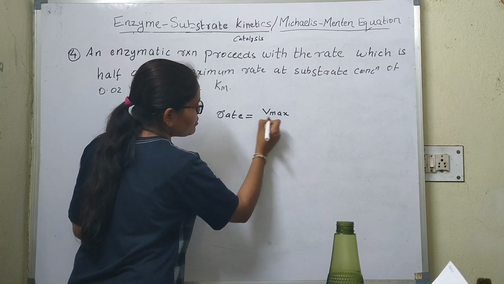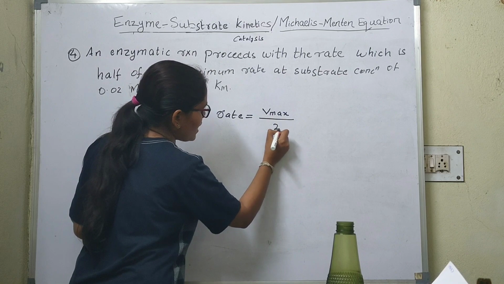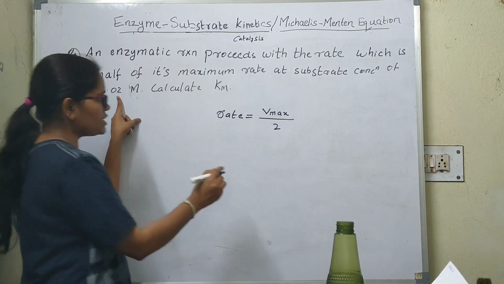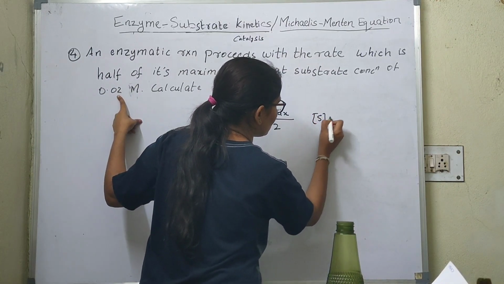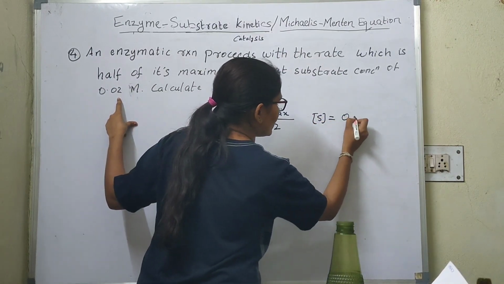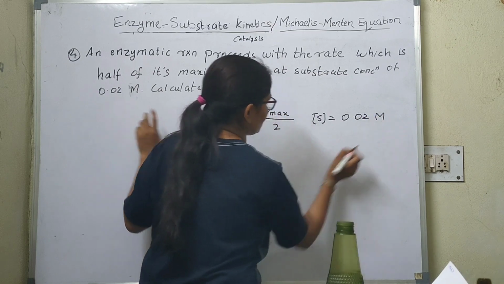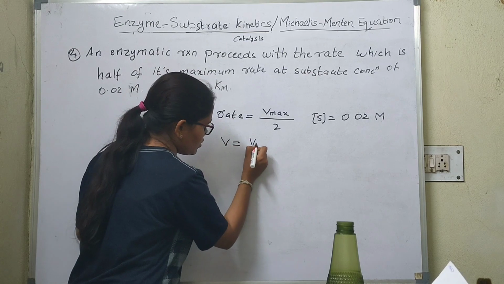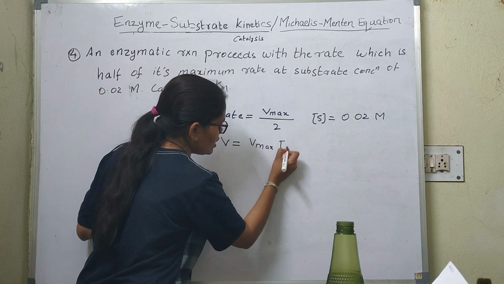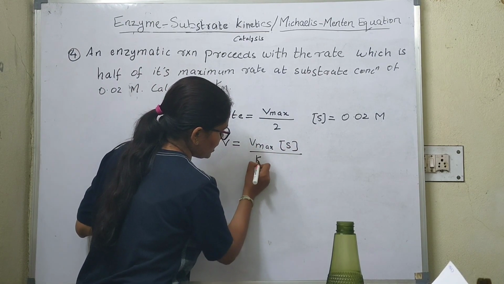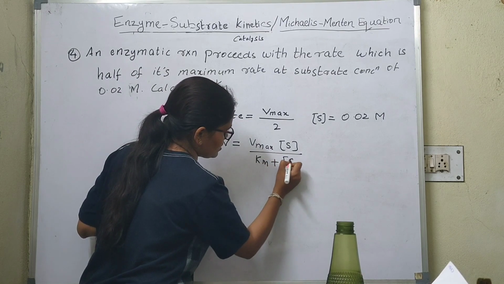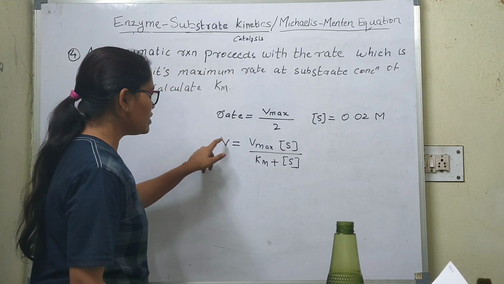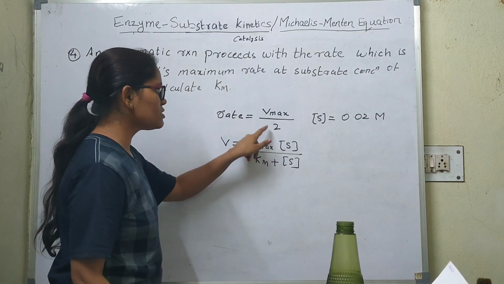So if maximum rate is Vmax, then the rate is Vmax by 2, and at this rate the concentration of the substrate is 0.02 molar. We know that the rate equation is V is equal to Vmax into S by Km plus S.